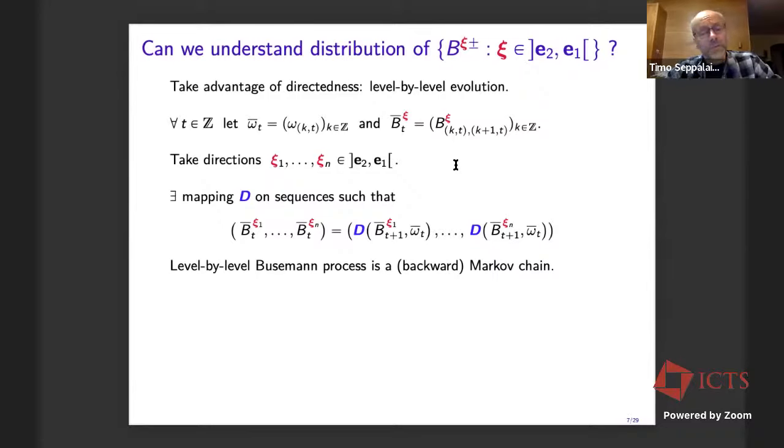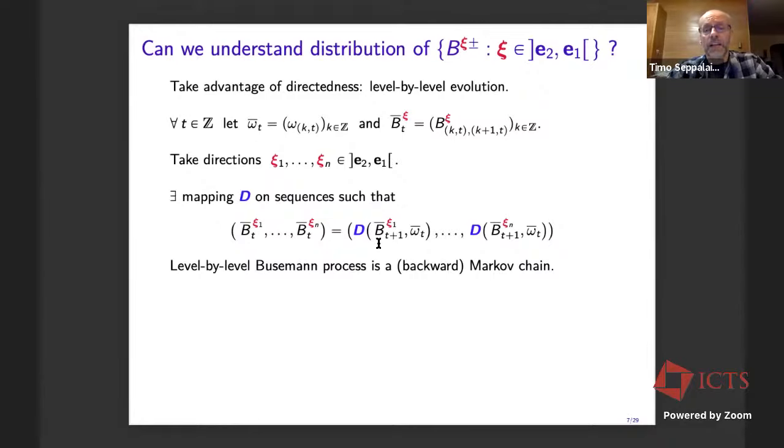So then those Busemann functions at level t plus 1 are independent of the weights at level t. And if I want the Busemann functions on level t, these guys here on the left, I can just do a calculation from the Busemann functions on one level above, that's t plus 1, and the new weights at level t. So this is simply a calculation, and I've encoded it with this mapping D.